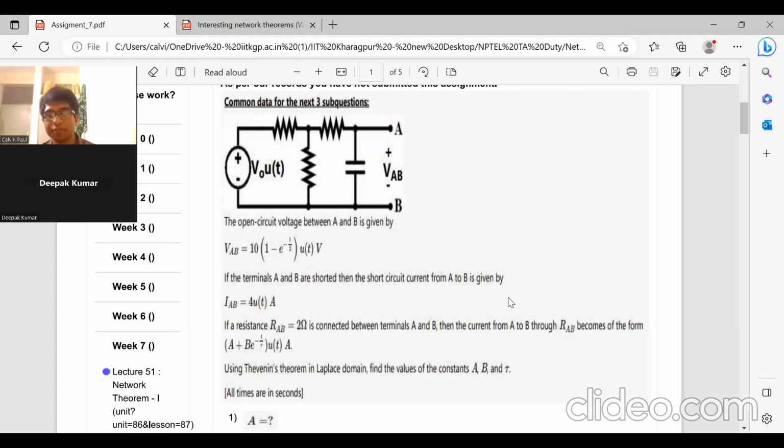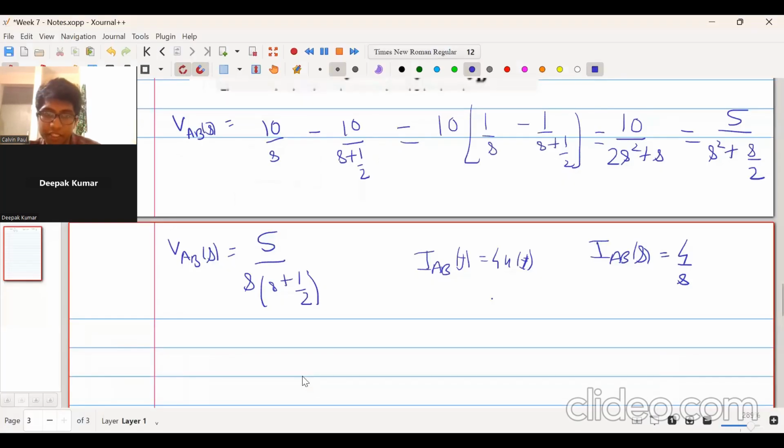No. So actually, what they have given you is the open circuit voltage, which is VAB. That is VThevenin. Okay. And they have given you the short circuit current, IAB. So you need to find Z Thevenin. Z Thevenin is equal to VTH upon ISC.